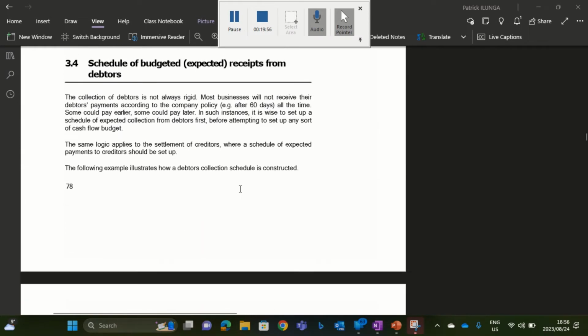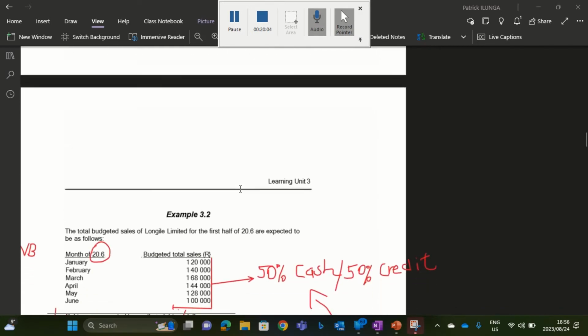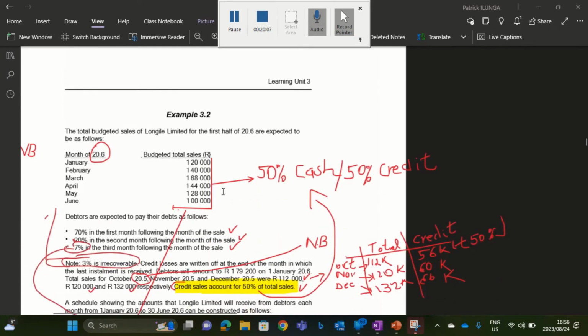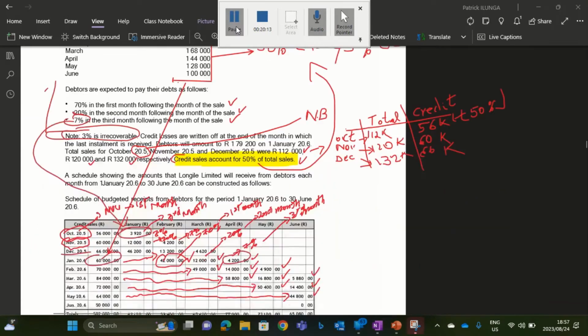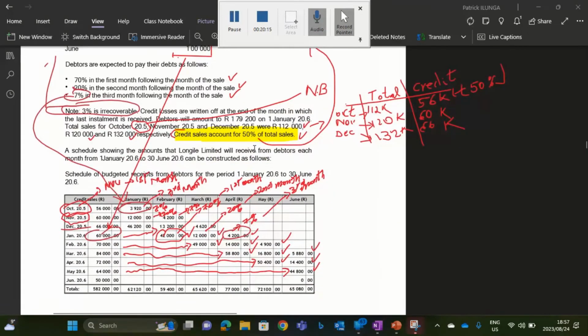So a business could put a policy in place where they would have that flexibility in how they're recouping the money from their debtors. I love this example because it's very practical, it's very easy.